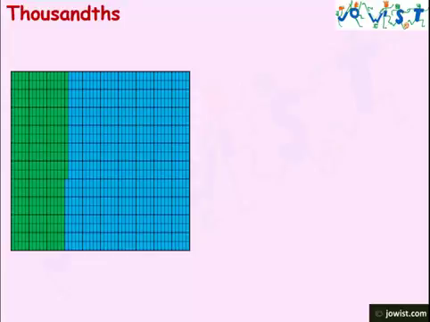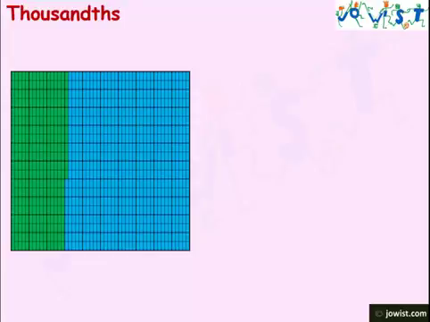And in the 16th column, we have 12 small rectangles which are shaded green. Thus, 312 rectangles are green.